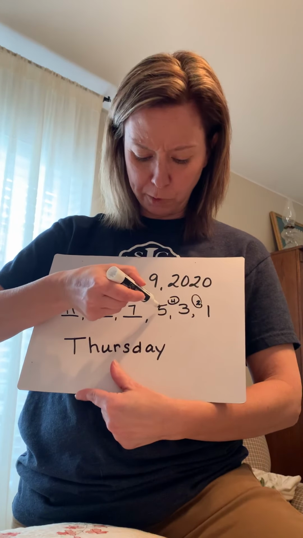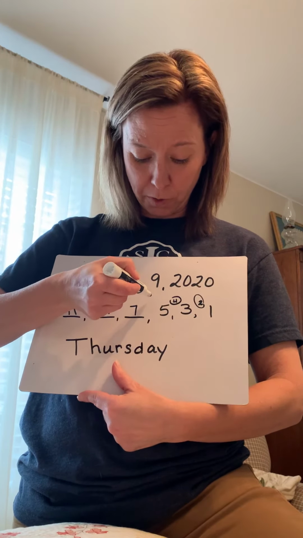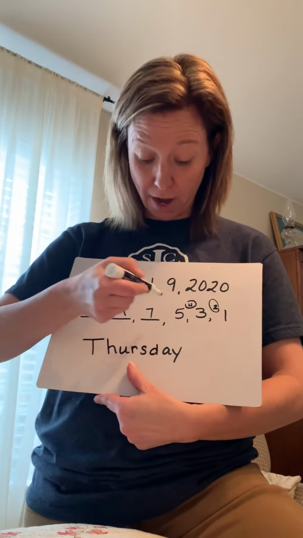What number comes between 5 and 7? Oops, I wrote it in the wrong spot. All right. Now what number comes between 7 and 9? What's in between there? 8, right? All right, and then the last one, what number comes between 9 and 11?